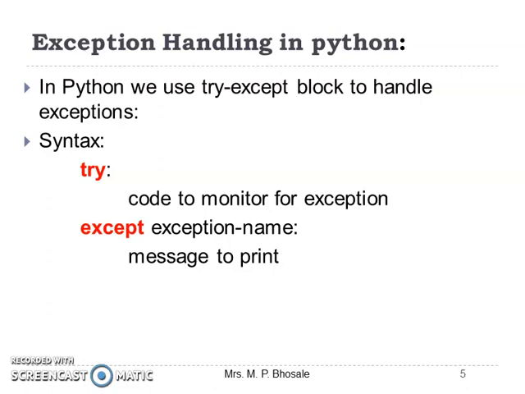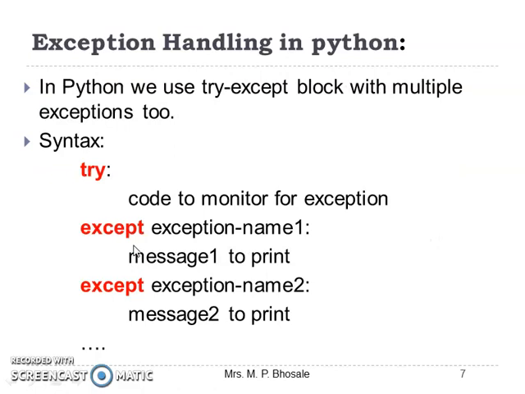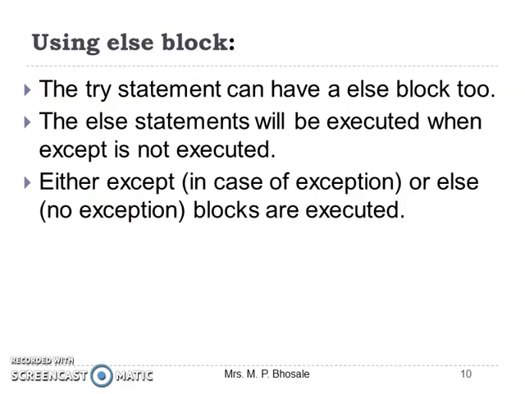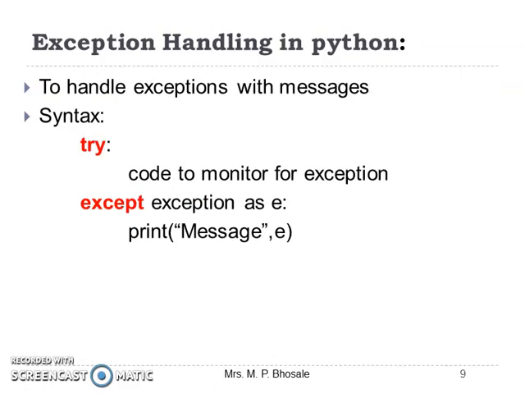Up to this we have seen various ways to use the try except block: using try with multiple except statements, using the except statement without any exception name, using except statement with the object of exception, and printing the message using exceptions.